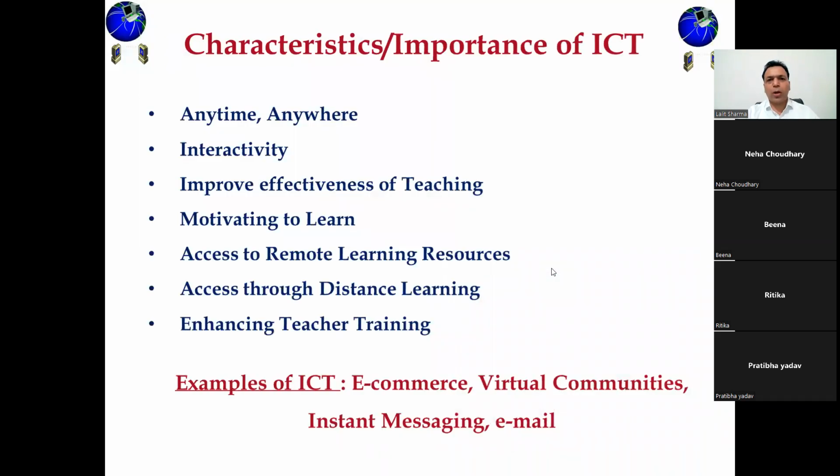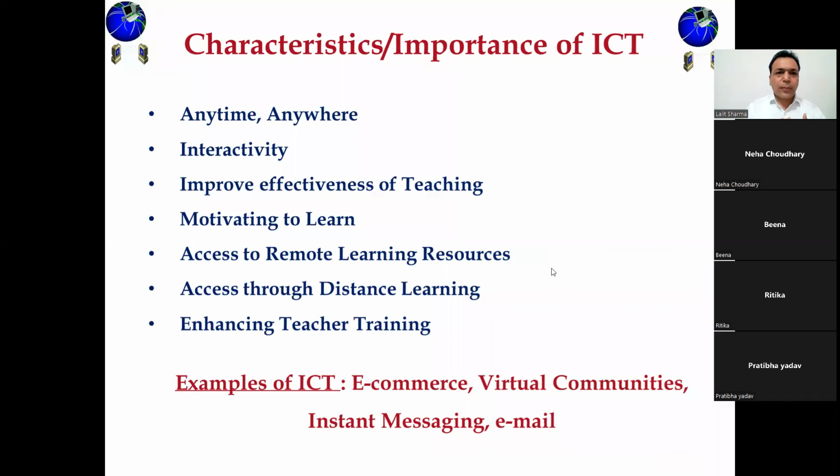Right? Now we talk about the characteristics and importance of ICT. So first is anytime, anywhere. With the help of ICT, we can get the data, we can send the data and messages to our friend by sitting anywhere in the world and anytime, in fact, we can exchange the data.